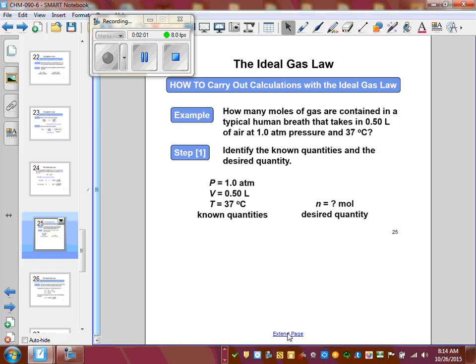You're given pressure, volume, and temperature. You want to know moles. If you're asked for moles or mass, you're going to use the ideal gas law. Remember, the ideal gas law is PV equals nRT.